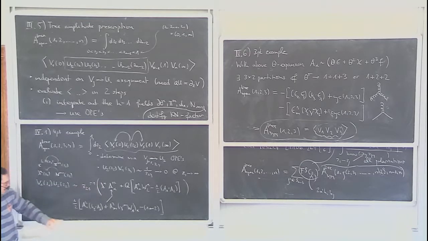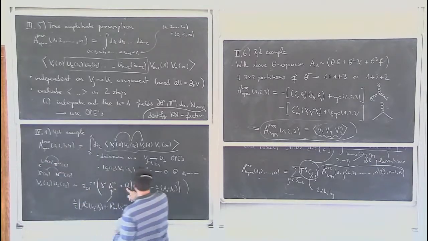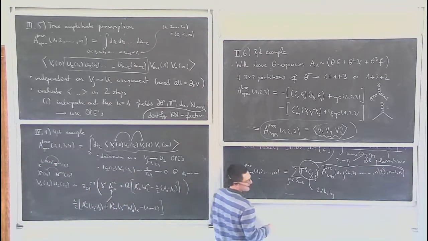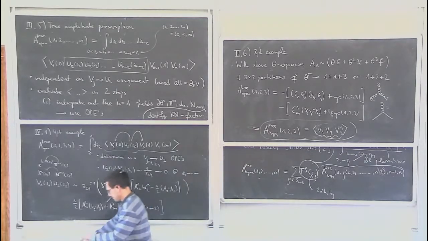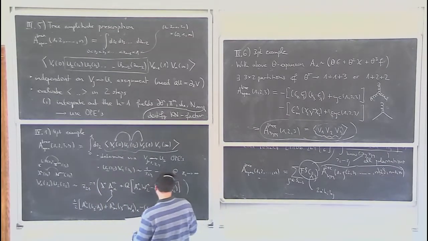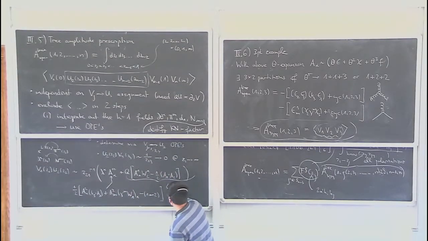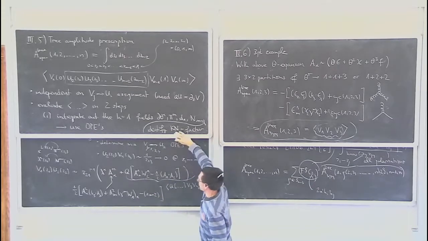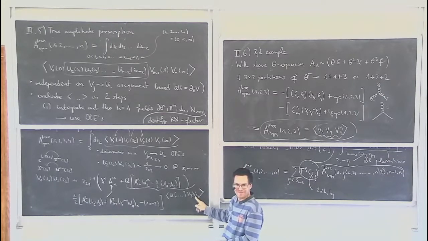But let me just say, for the rest of the calculation, we don't need to worry about the Q exact part. I told you that you can do BRST integration by parts. When you track this in your 4-point function, this Q exact stuff will be multiplied by V3, V4.